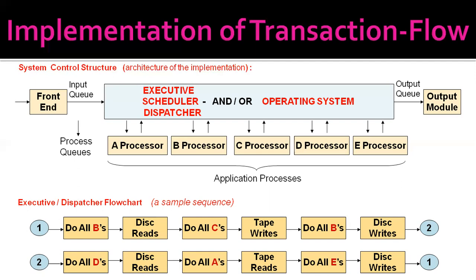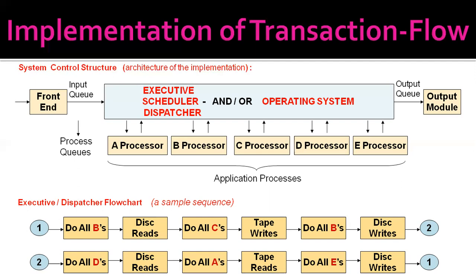When can we call a transaction a token? We call transactions tokens when they have positive numbers, like transaction 1, transaction 2, transaction 3, or T1, T2, T3, and so on. This number is what is called a token number. Then what is a TCB? TCB means transaction control block.